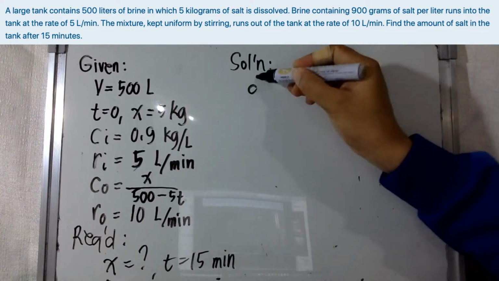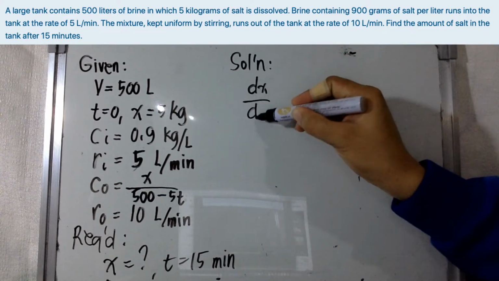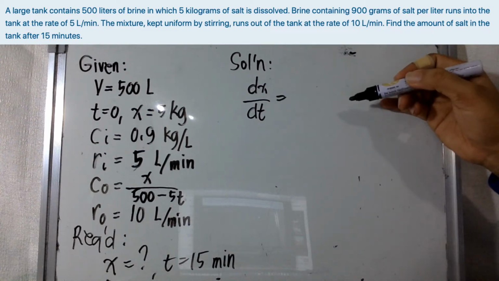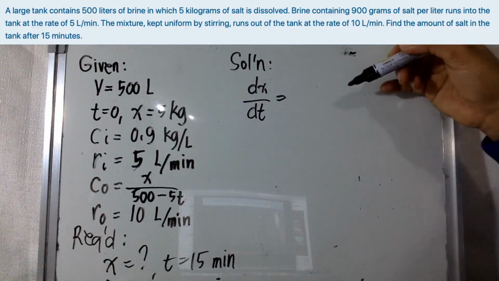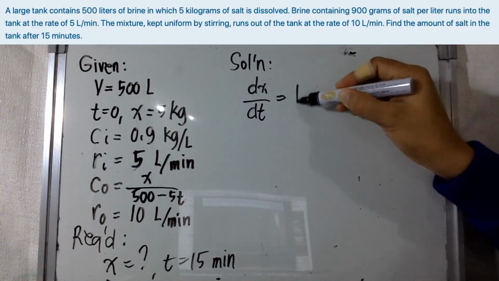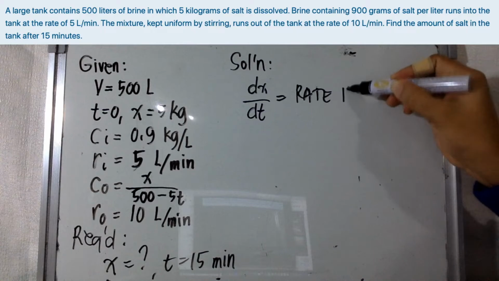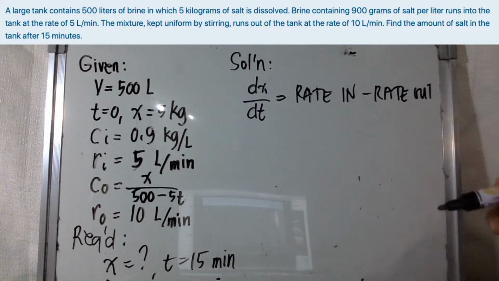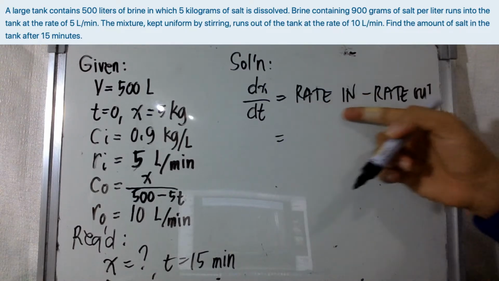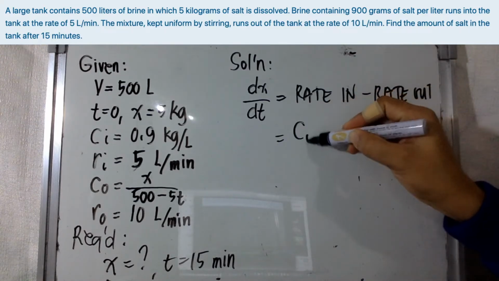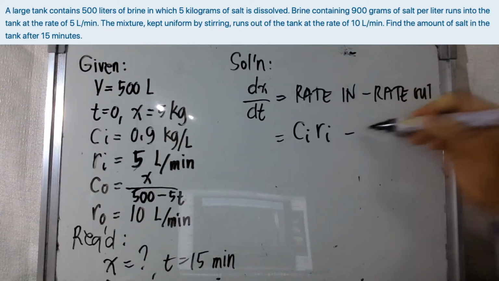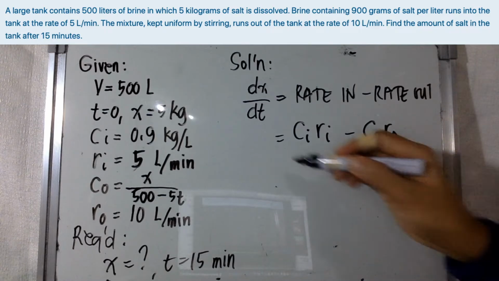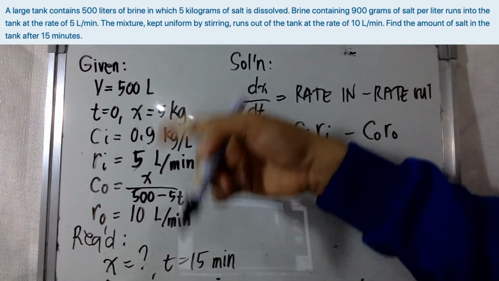So we have this equation: dx over dt as the rate of change, equal to rate in, or the amount of the substance entering, minus rate out. Rate in is the product of concentration in times the flow rate in. Rate out is concentration out times the flow rate out. So we are going to plug in these values here.